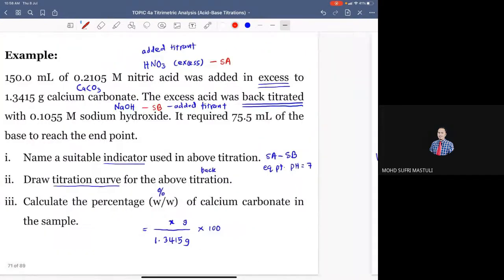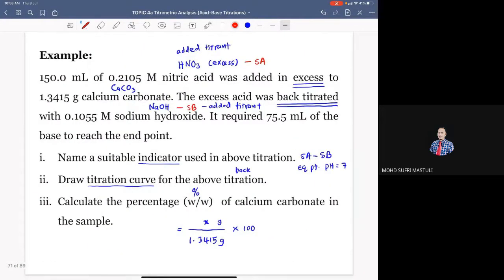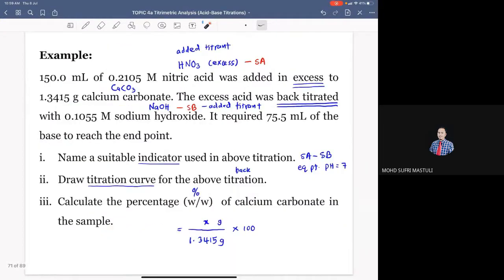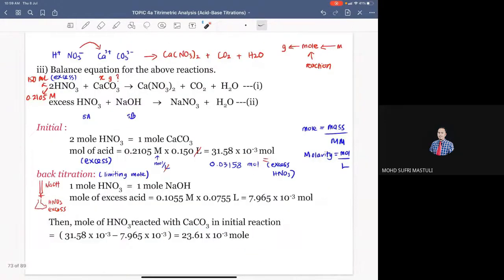It said in the question, the excess acid was back titrated with 0.1055 molar sodium hydroxide. It required 75.5 milliliter to reach the end point.